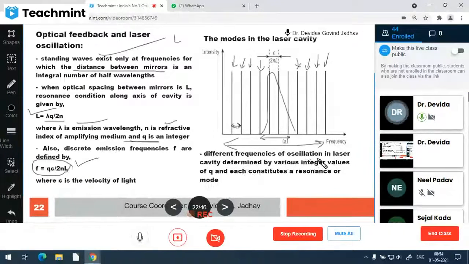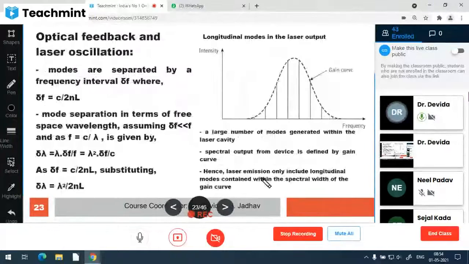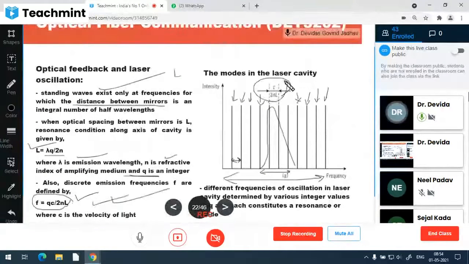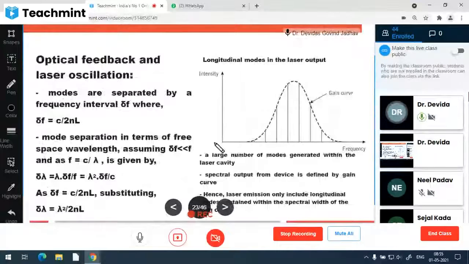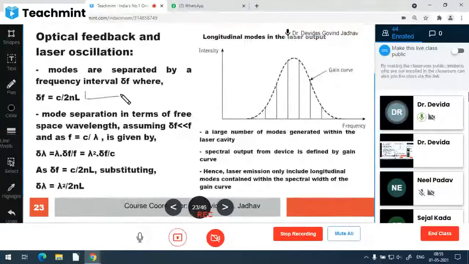The difference of the frequency in the oscillator cavity is determined by various integer values of Q. You can take Q minus 1, the next will be Q, and you can subtract that and find out the delta f. We have derived this also last time, and that delta f is given by c upon 2NL.